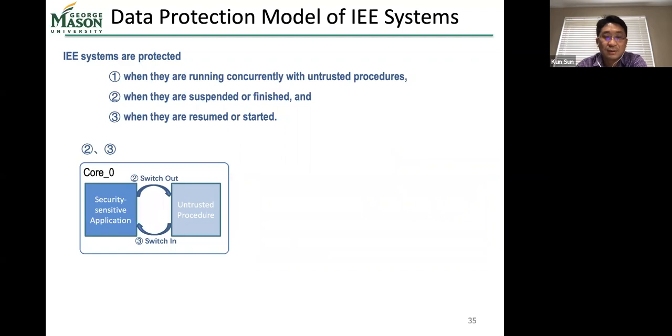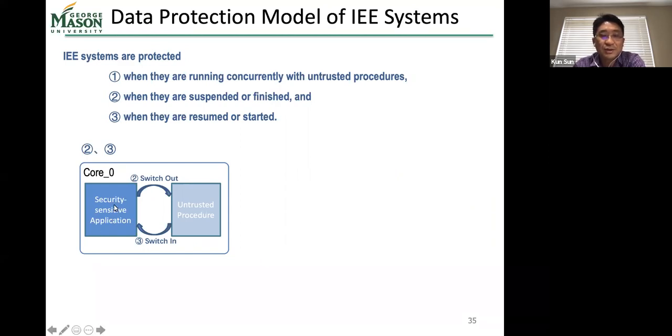Another requirement is that when we run this application on one core and finish, it does not occupy this core all the time. Core 0 will run the secure application and the non-secure application interactively, right? Sometimes the secure application, sometimes the non-secure application.